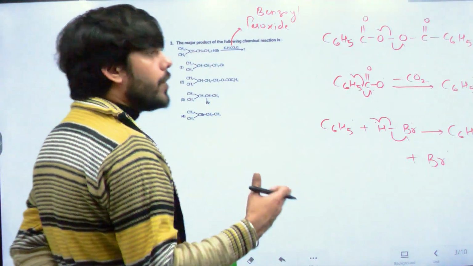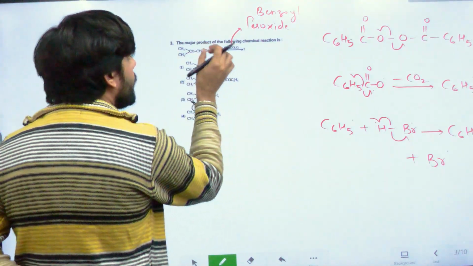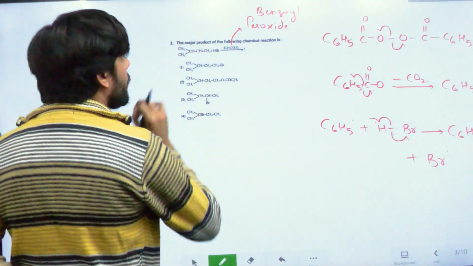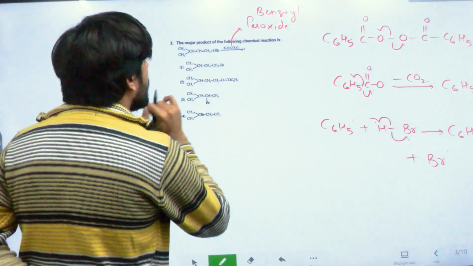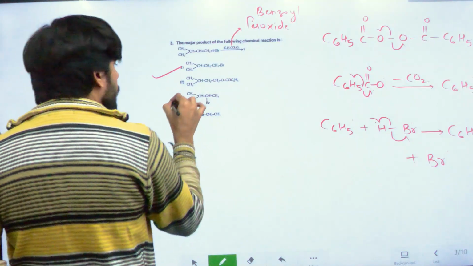And we know that the anti-Markovnikov rule never fails. So when we attach the bromine free radical to the terminal carbon, A is the right answer. We cannot form this.